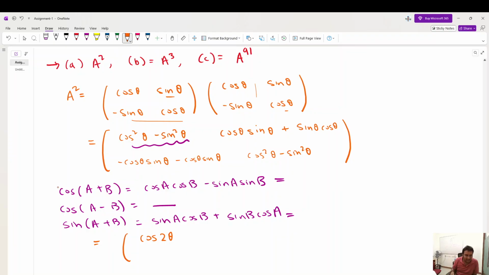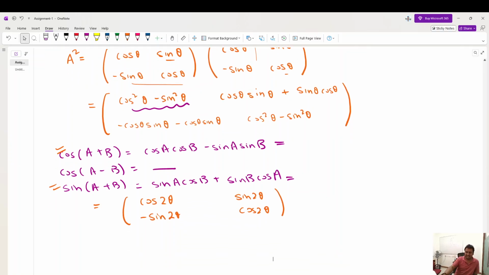Similarly here cos 2 theta. And this identity gives sine 2 theta. But here you have minus, take it common. So this will be minus sine 2 theta. That's all. This is your A square.